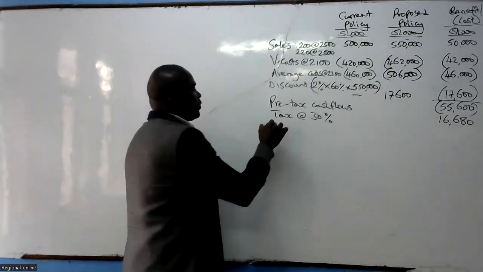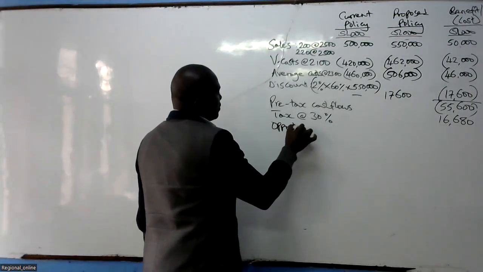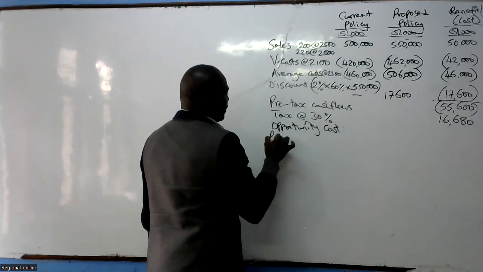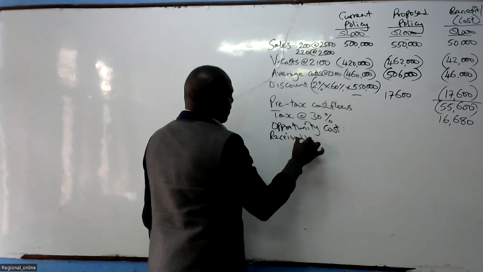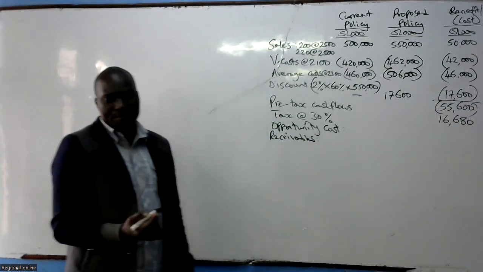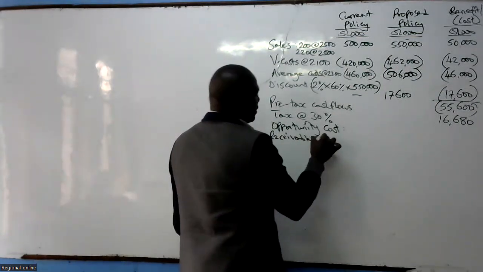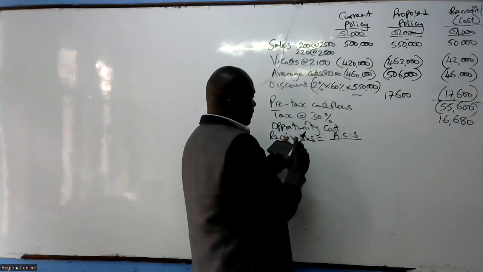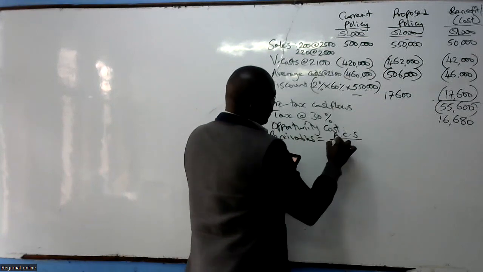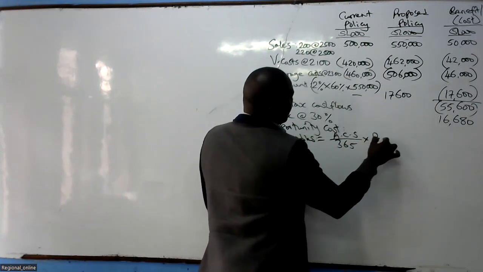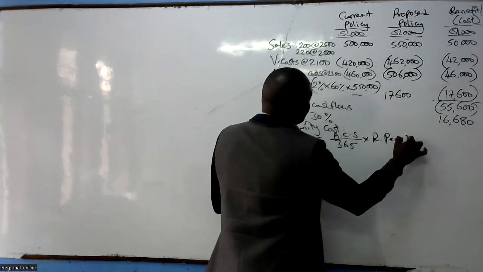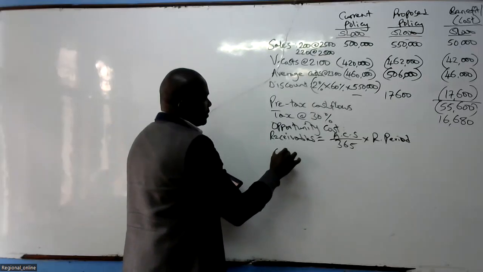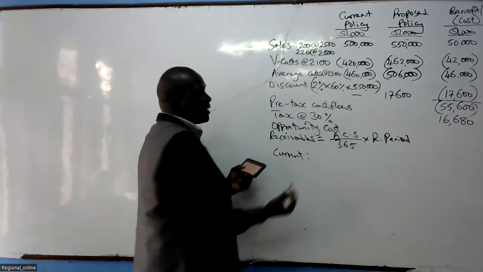So then now you bring in what? Opportunity costs. Do we have receivables? So receivables, annual credit sales, going to 360 or 365. So divide by 365 times the receivables period. You can even start with the current policy.